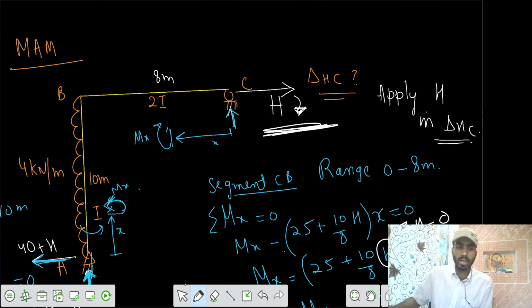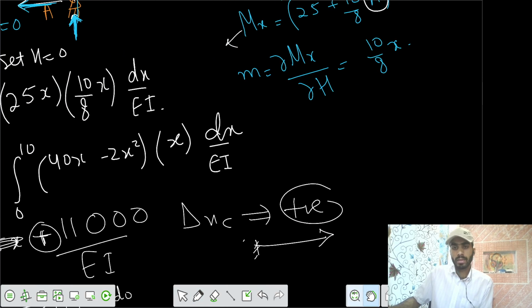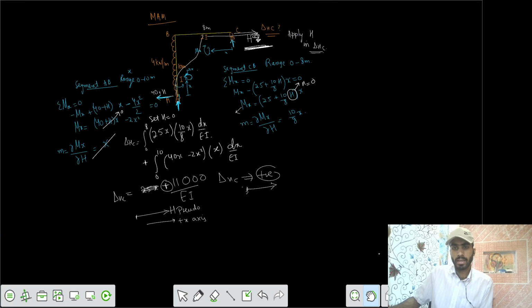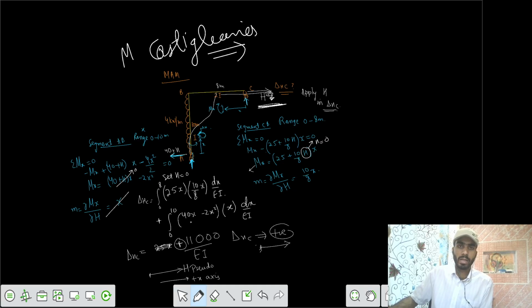The final diagram would be somewhat like this: this one is going this far, then this would deflect somewhere here. This was the end of our Castigliano's theorem. It has more scope. Castigliano's theorem has more problems, but let's keep that part for structural analysis.